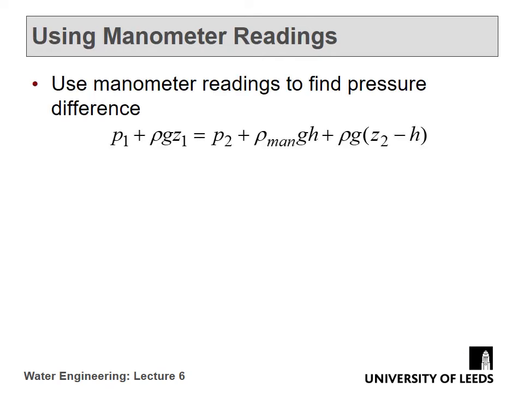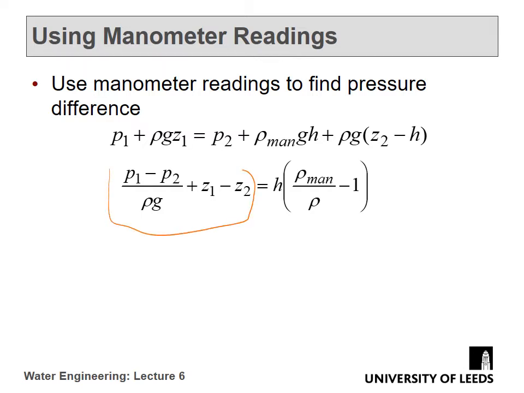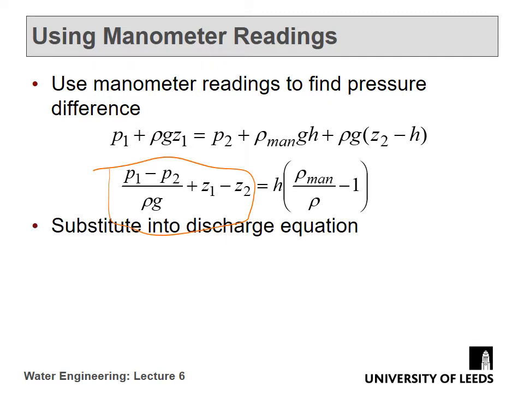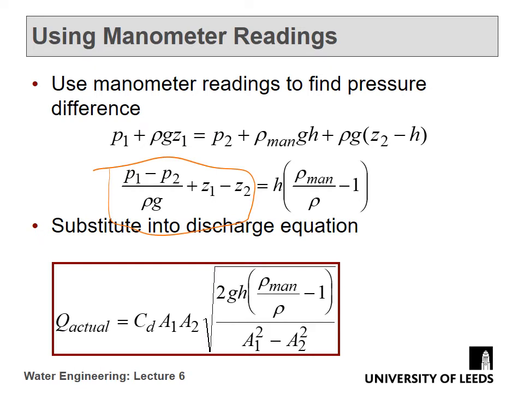Right, if we connect a manometer, let's have a look at a manometer. If we adapt that, we go through some manometer analysis, we can rearrange this and we see this expression here that looks very much like the expression within that Venturi equation. So we replace this part into here, and we get this slightly amended Venturi meter equation with a manometer.